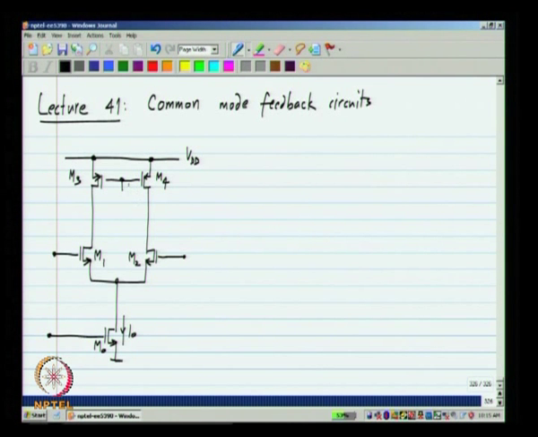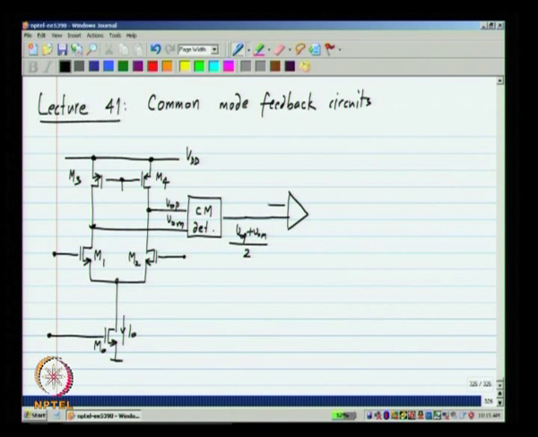Now, a general representation of a common mode feedback circuit is like this. We have a common mode detector, that is, we have something that measures the common mode voltage, compares it to a desired common mode voltage VOCM, and continuously increases or decreases the gate of M3 and M4 in a direction such that the detected common mode voltage converges to the desired voltage VOCM.